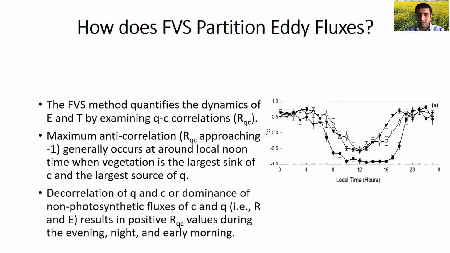And decorrelation of these two, CO2 and H2O fluxes, or dominance of non-photosynthetic fluxes, such as respiration and evaporation, results in a positive correlation between carbon and water vapor fluxes during evening, night, and early morning, as you see in this figure here. So during noontime, you see the maximum anti-correlation, which is close to -1.